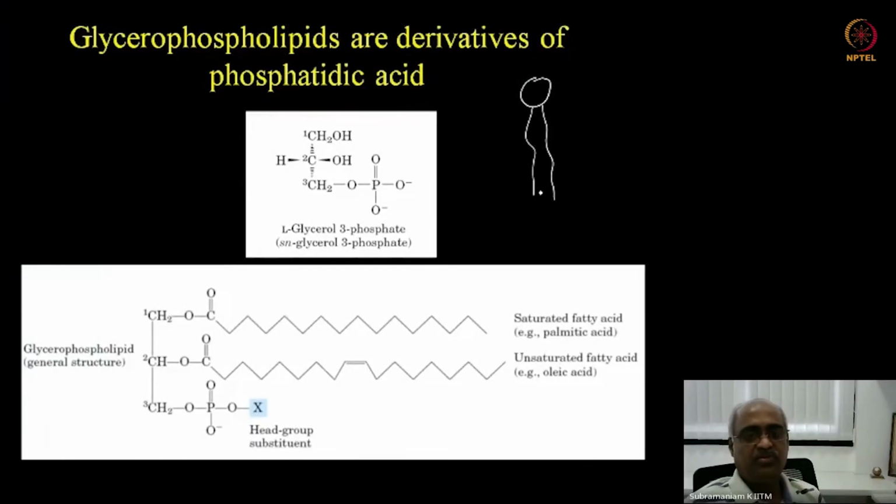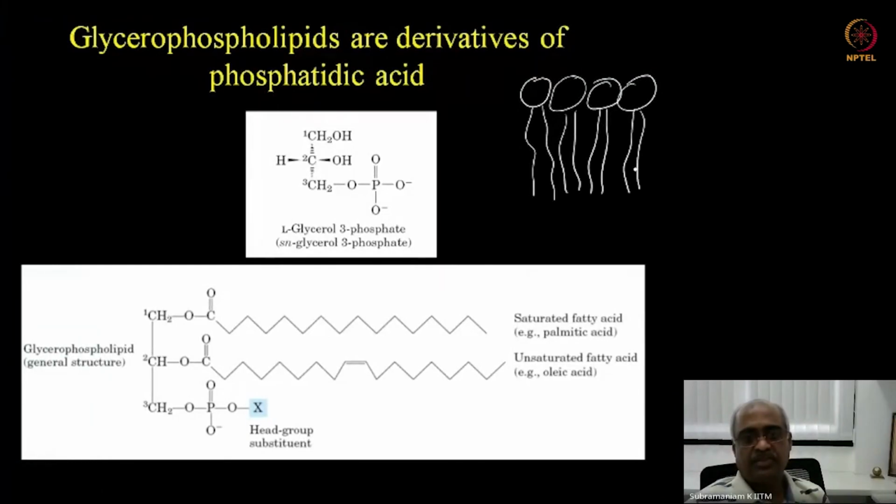The two acyl groups and the head group, where in phosphatidic acid it is simply the phosphate and it could be derivatized. So you have one leaflet like this, and then you will have one more leaflet as well.